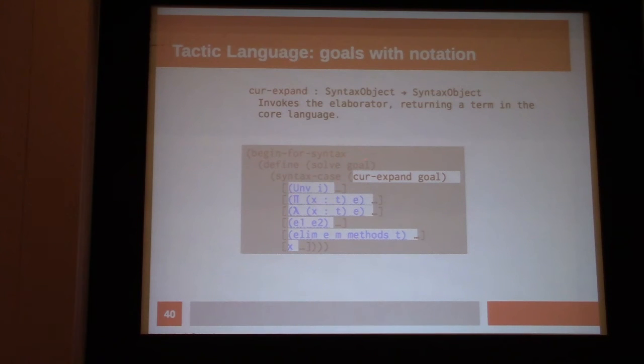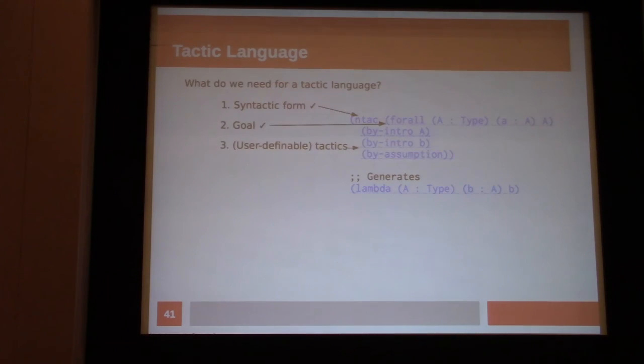Once we run curexpand on it, it will eliminate all the new user-defined syntax and let us just focus on the core terms. And of course, we're still free to match on arbitrary syntax if we want by not using this function, but oftentimes we might want to just focus on the core language terms. Okay, so that lets us handle defining tactics just over the core language, even when we have arbitrary user-defined syntax.